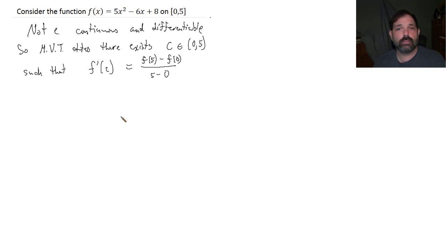That's what it says. Now it doesn't say how to find the c, it just says that there's a c that exists on 0 to 5 such that this is true.